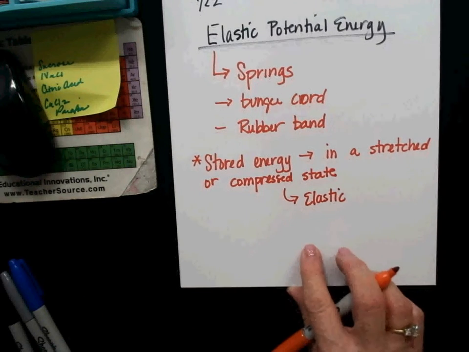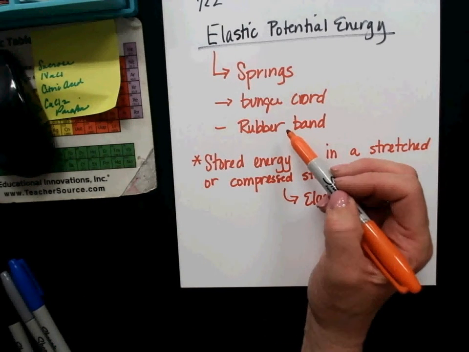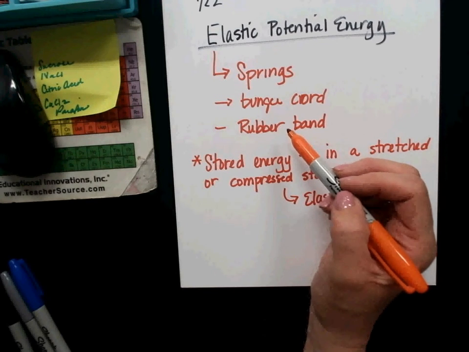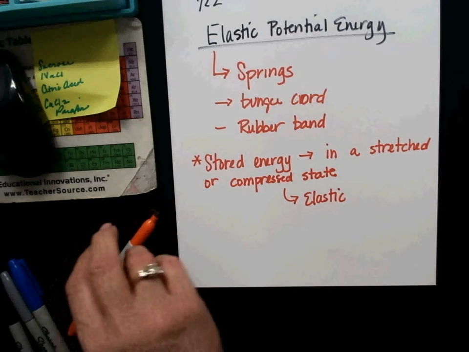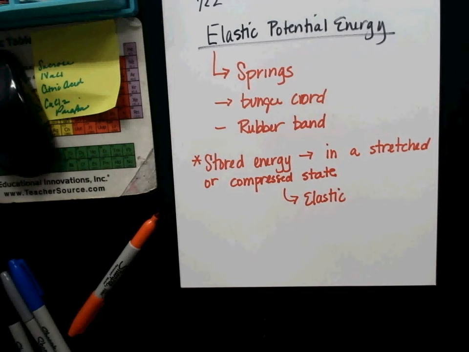So I wrote down three super obvious things. Can you think of a couple more that would exhibit stored elastic potential energy? How many of you have ever played racquetball or tennis? Have you ever watched those fancy tennis tournaments, like Wimbledon? When the ball hits the netting, the strings, what does it do?